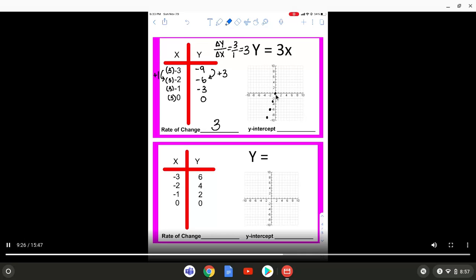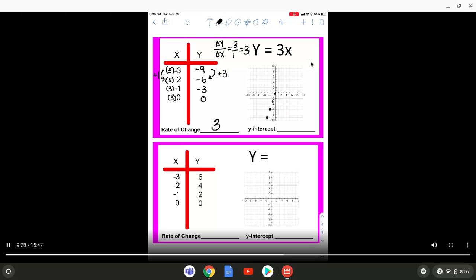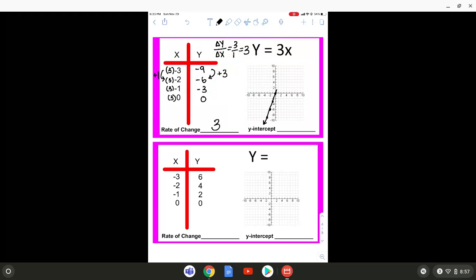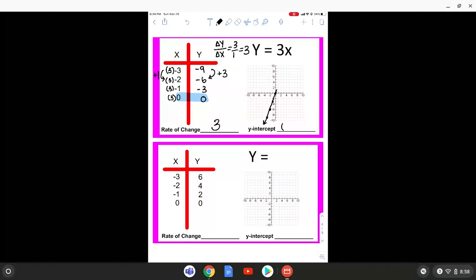And then right here at 0, 0. So once again, to find my y-intercept, I find where x is equal to 0, and I see what I get for y. So there, when x is 0, y is also 0. So my y-intercept is 0, 0.